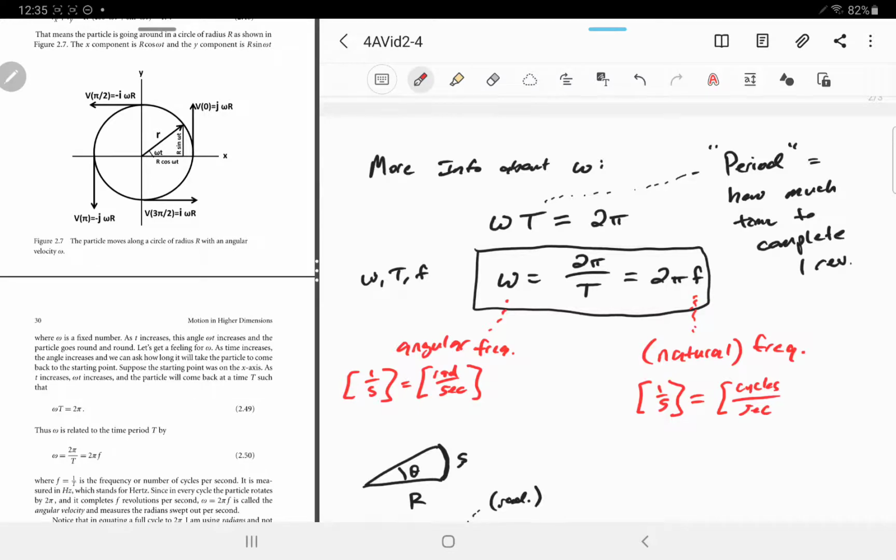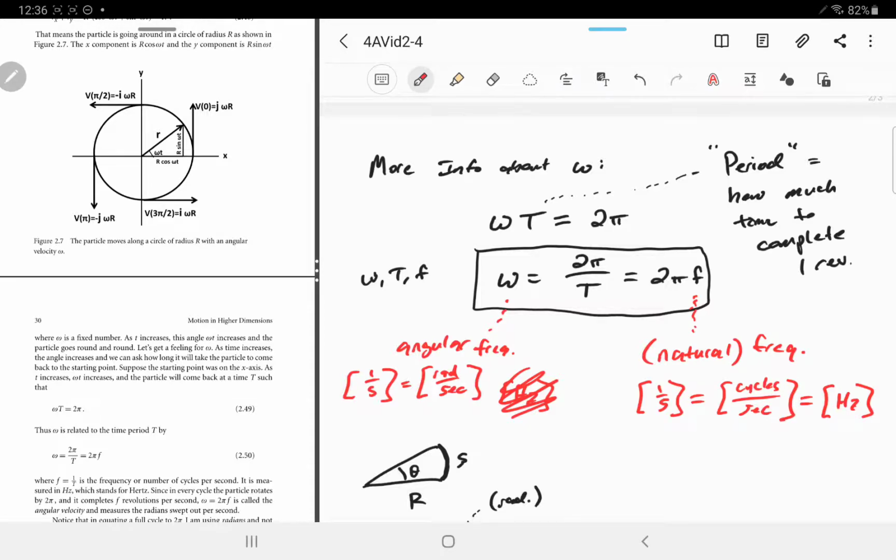So if f is 1 per second, 1 cycle per second, that means the particle undergoes 1 circle, 1 revolution per second. So cycles per second is another word for this, or another unit for this is hertz, Hz. Hertz means cycles per second. You never call this one hertz. This is bad. We never use the word hertz for omega.